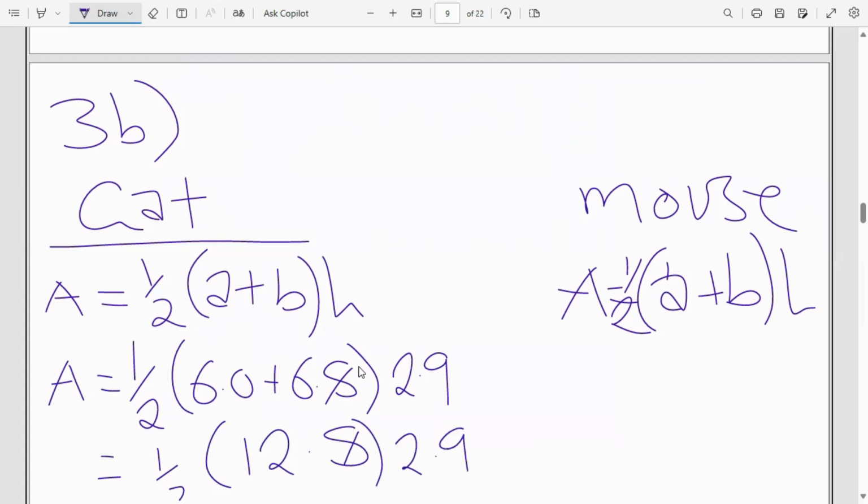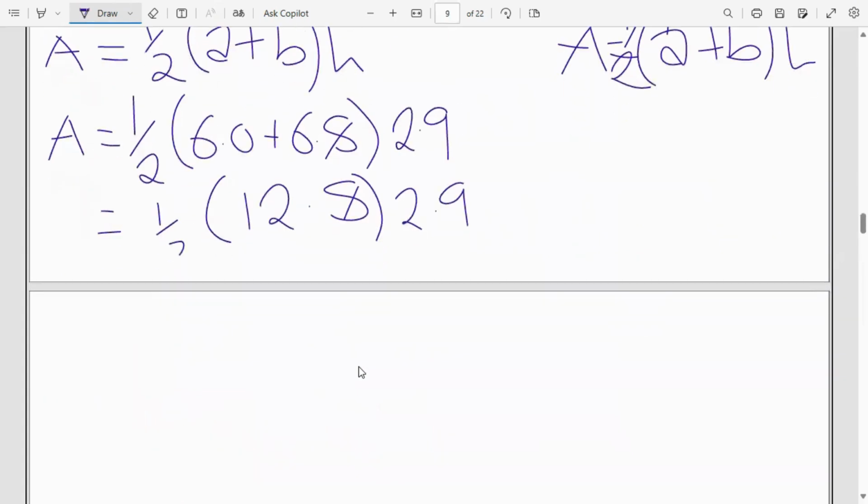If I plug this into my calculator, just the way it is, I'm going to get the area under the graph for the cat is equal to 18.56 meters.